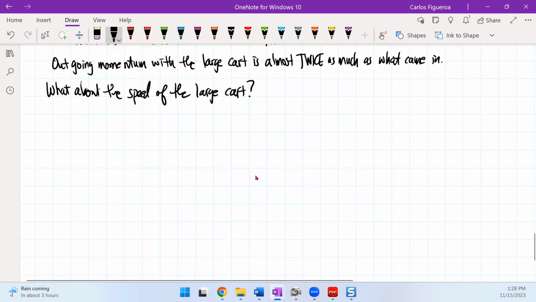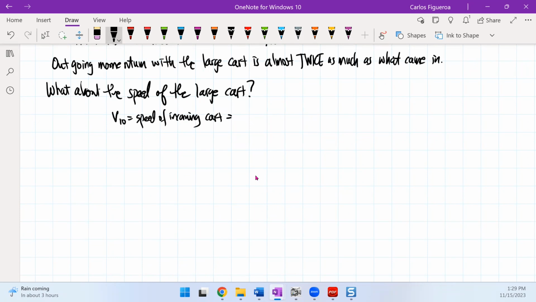The speed of the incoming cart was, I think, 1.20 meters per second, versus the final speed of the outgoing cart, which is 0.21 meters per second.